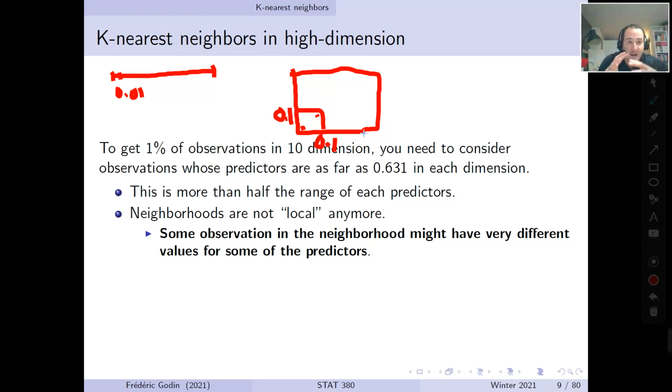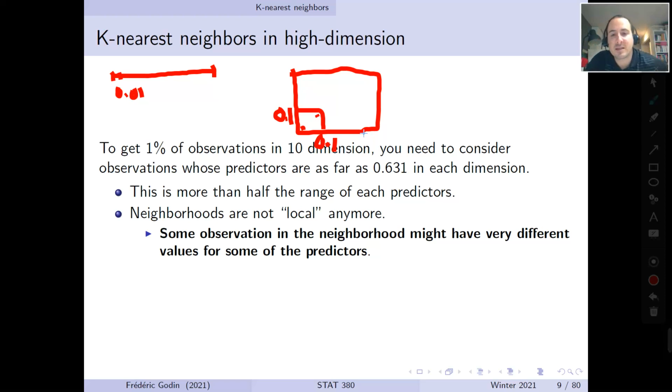So if you want to find close data points, the closest one might still be very far away, and for some predictors they might be very far away. Two observations which could be considered close might have some predictors that are very far apart, so they might not even be very relevant to predict each other.